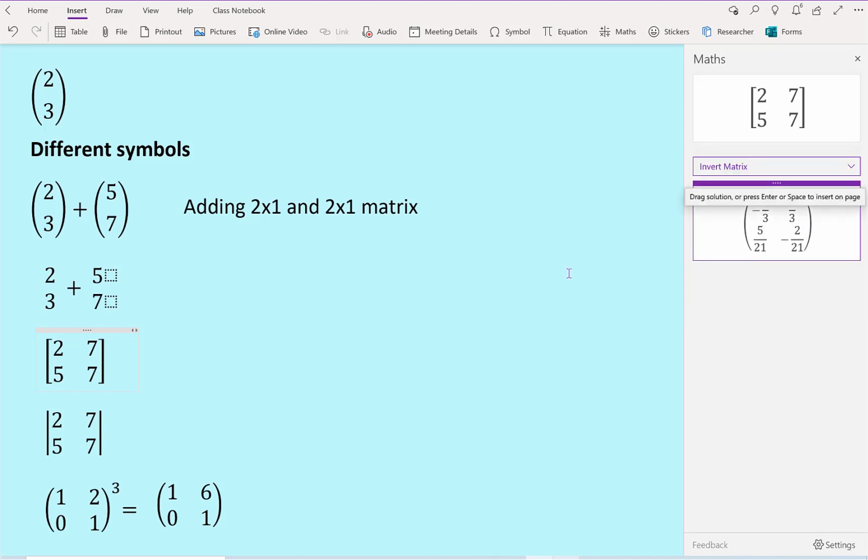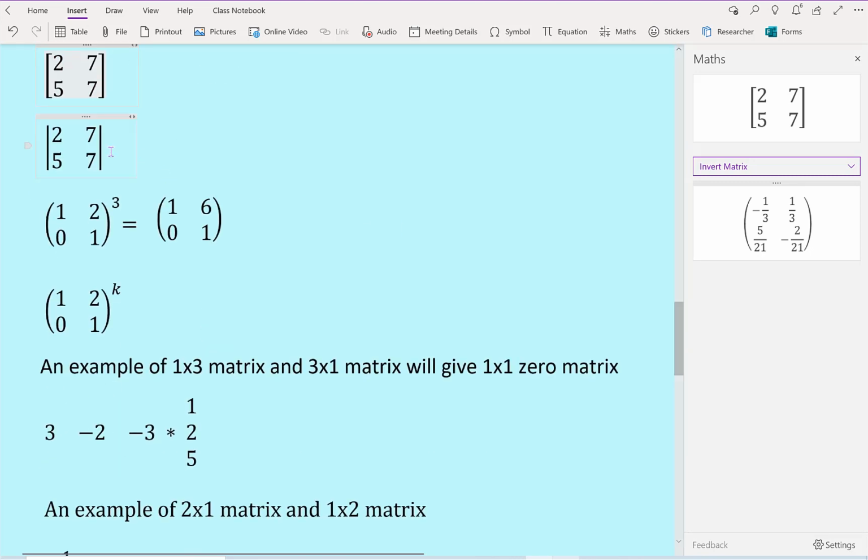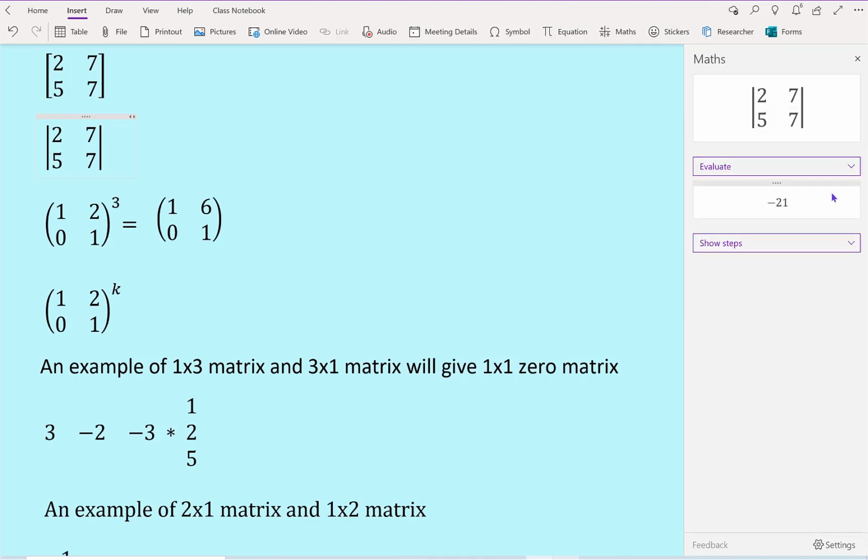So here we go. I know for sure I can also use this type of bracket to represent a matrix. Clearly the one underneath is for a determinant, and OneNote picked this one up quite well. So I press the math button again, and what is available is the determinant, minus 21.